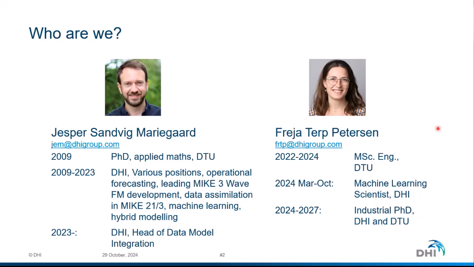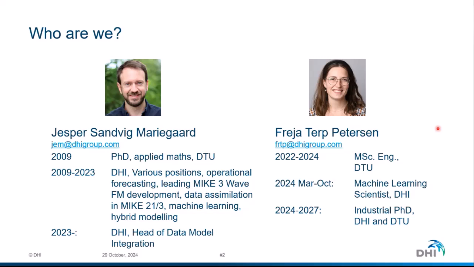I've also been leading the development of Mike 3 Wave FM, and I've been responsible for implementing data assimilation in our marine Mike models. In more recent years, I've also been working a lot with machine learning and hybrid modeling, on both research and commercial projects. Since last year, I've been the head of the data model integration team.